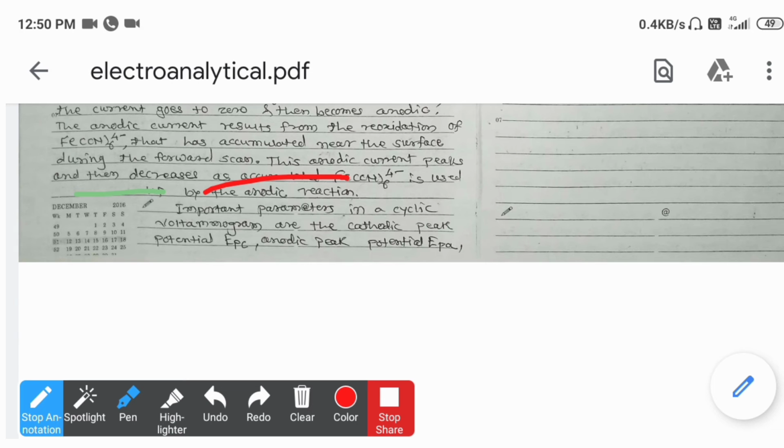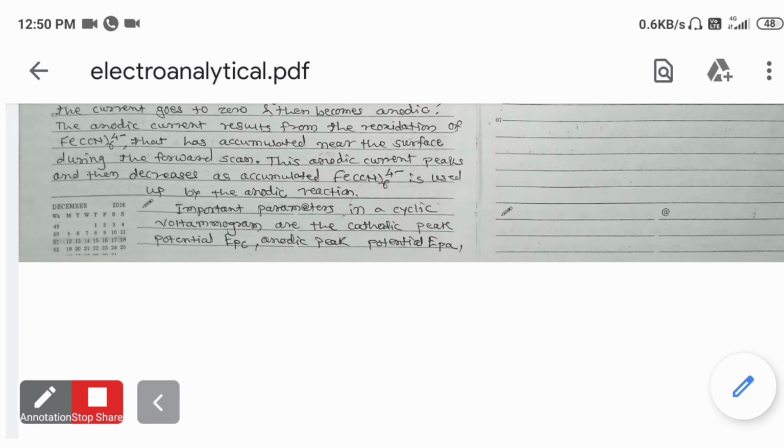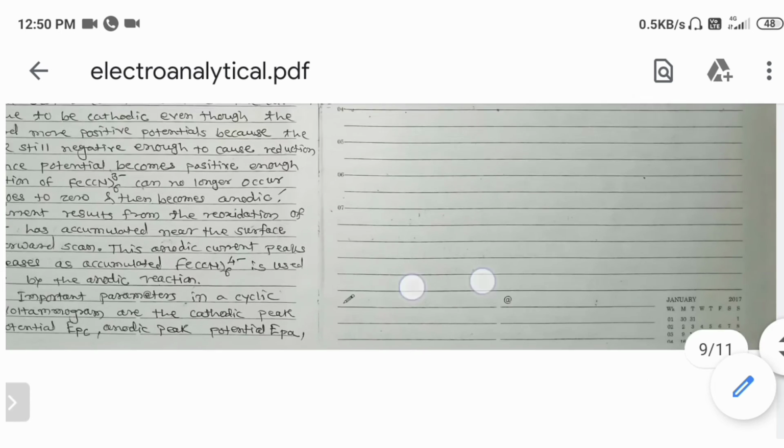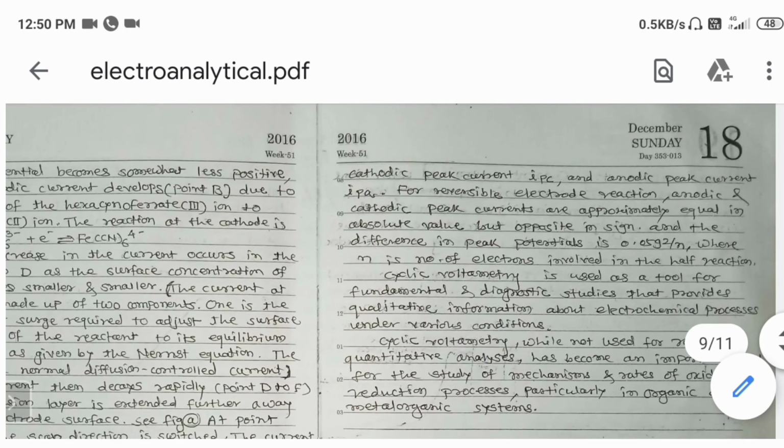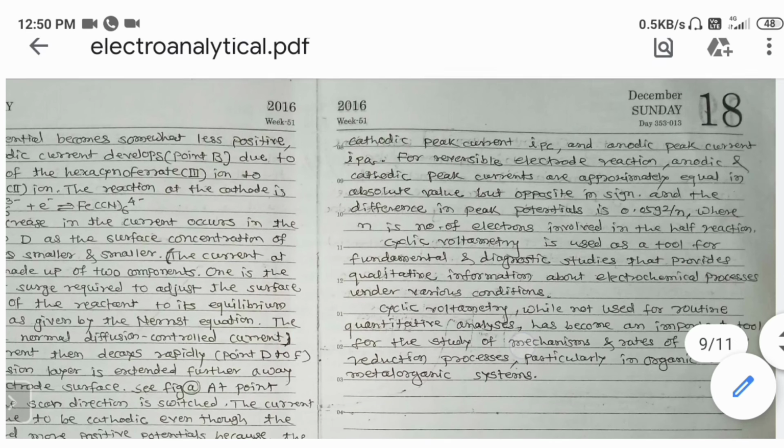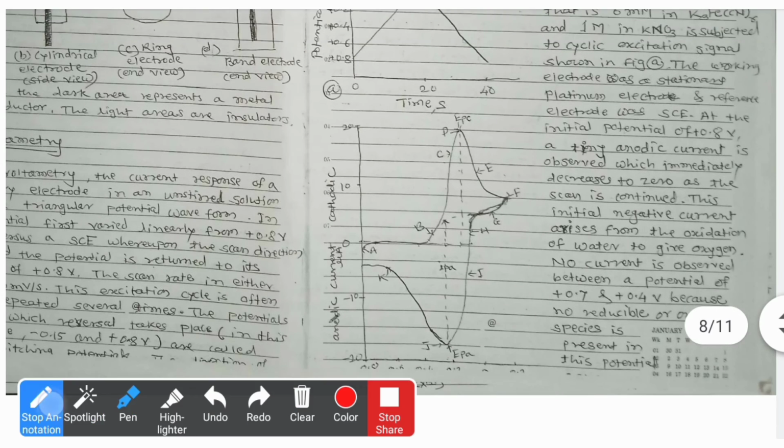So this anodic current will peak and then it will start to decrease as Fe3+ accumulates near the electrode surface. So the important parameters that are generally used for the analysis of our particular sample are the anodic peak potential, cathodic peak potential, cathodic peak current and anodic peak current. So these are the various parameters that are generally useful for the analysis.